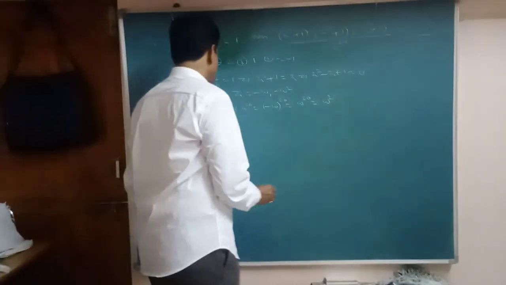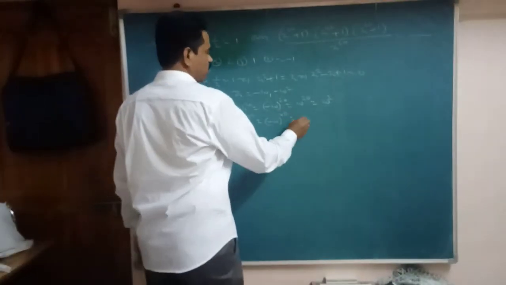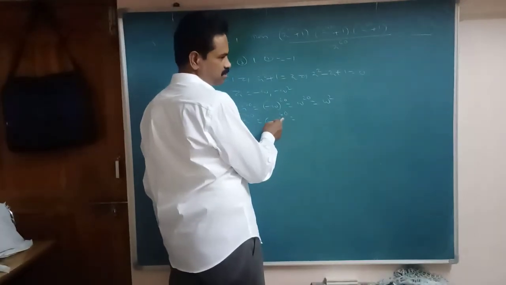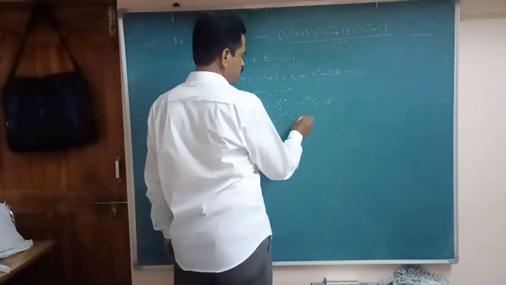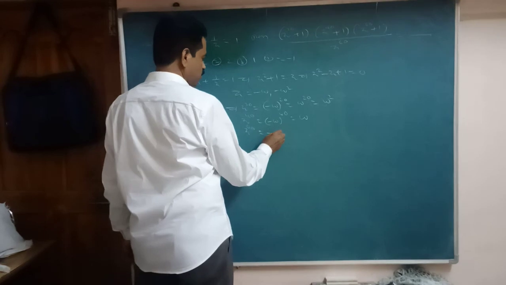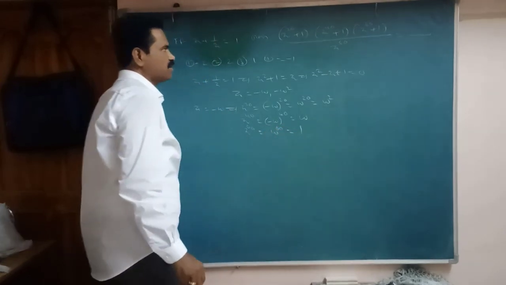Omega square. Next, z power 40 you take here. That is minus omega power 40. 40, 3 times 13 is 39, remaining what here? Omega. Z power 60, minus means plus here. Omega power 60, so remainder 0, it is 1.